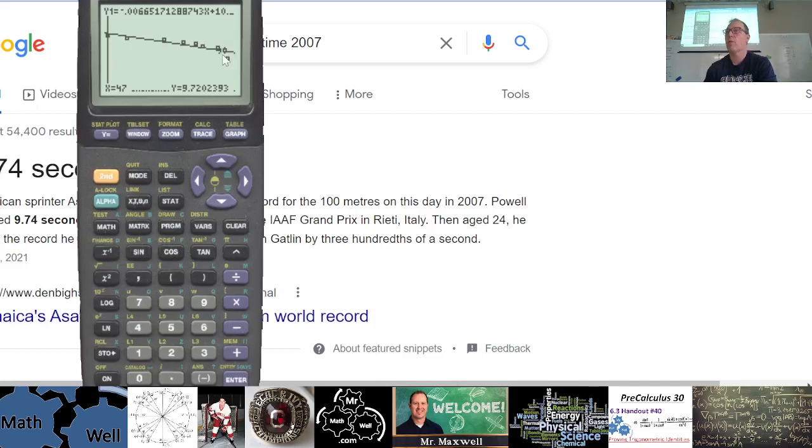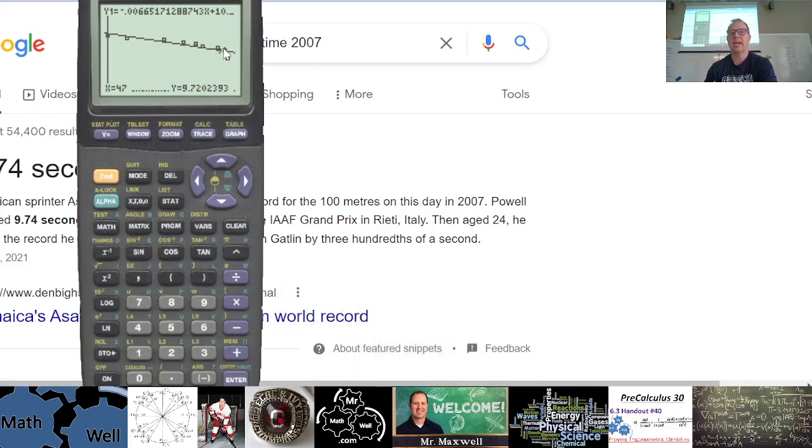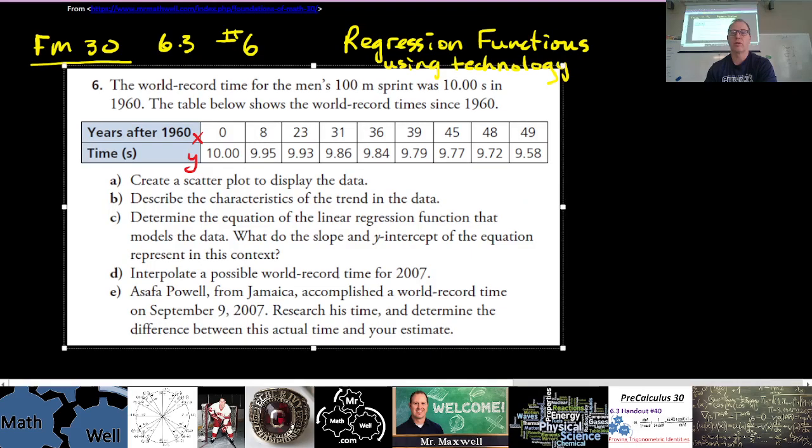This point was not used in our calculations, but it's only 0.022 seconds off. So it kind of holds with the trend. His dot was really close. I guess that strengthens the idea that this is a best guess for the points that you don't know about.